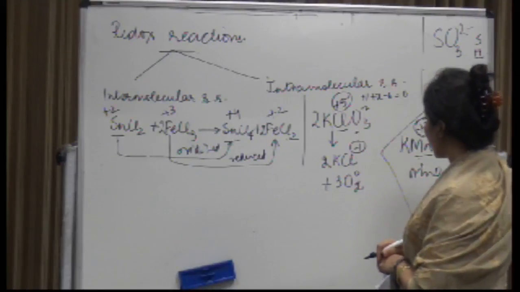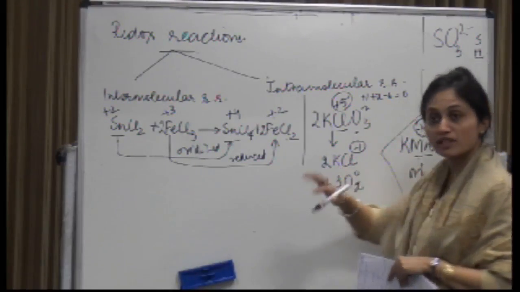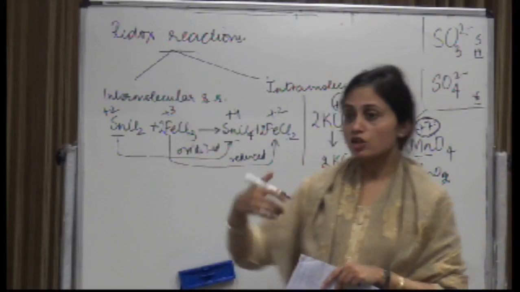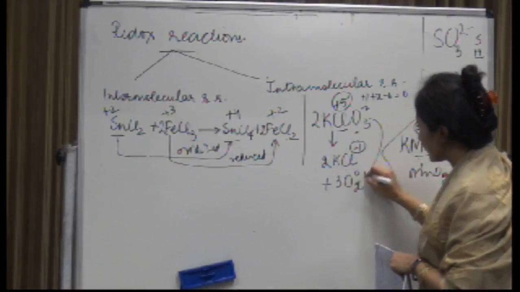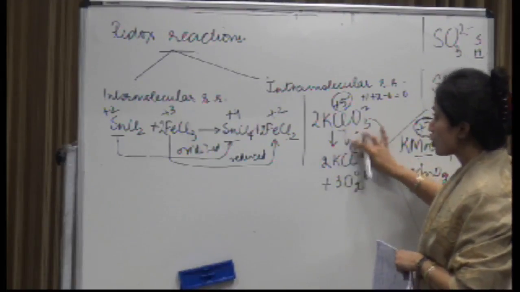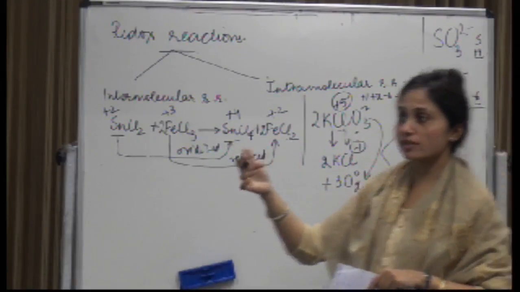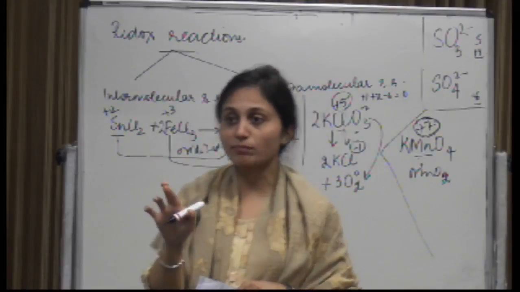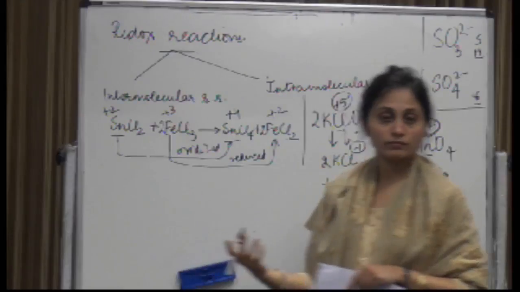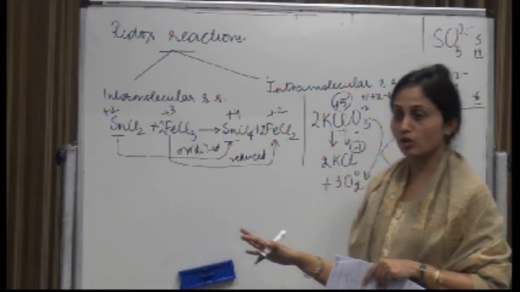So in this case, -2 से 0, it means it got oxidized. बढ़ गया ना, -2 से 0 हो गया. So your oxygen is getting oxidized and Cl is getting reduced. So this is intramolecular redox reaction in which two elements of the same compound are getting oxidized and reduced at the same go. Clear with the intramolecular redox reaction?